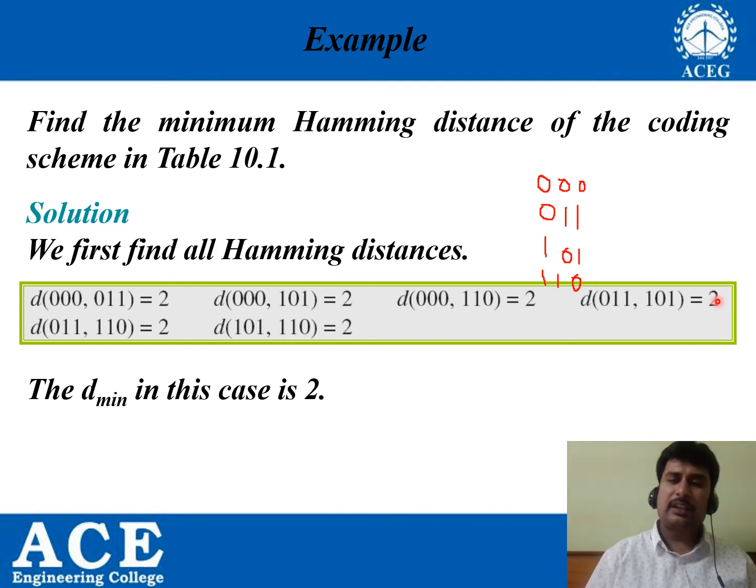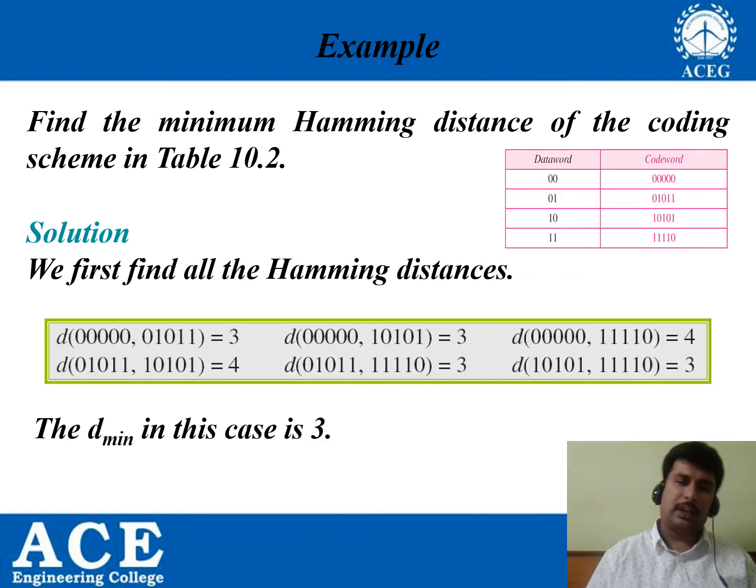Now we'll take another example where the Hamming distance values will be different. Before we go for the example, let me erase what we have written. Right.